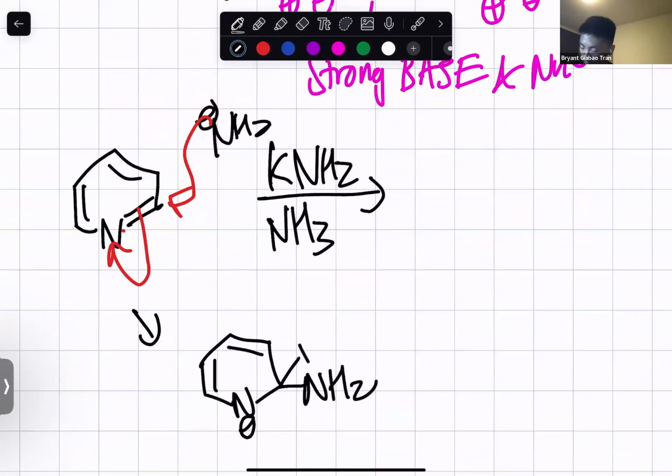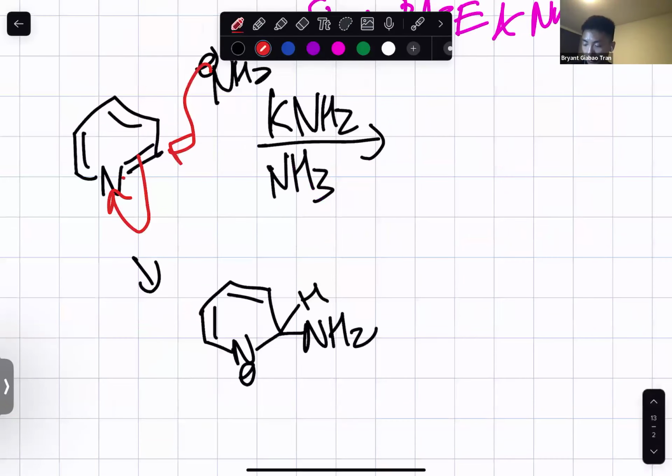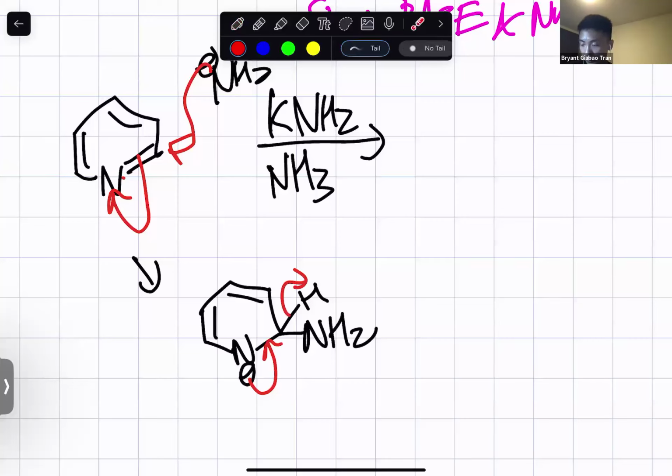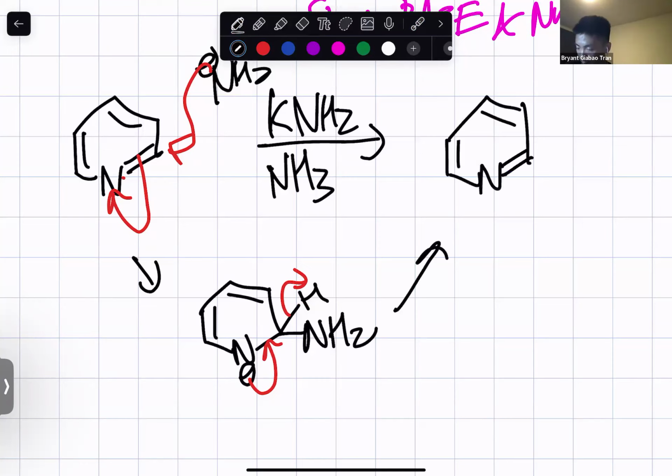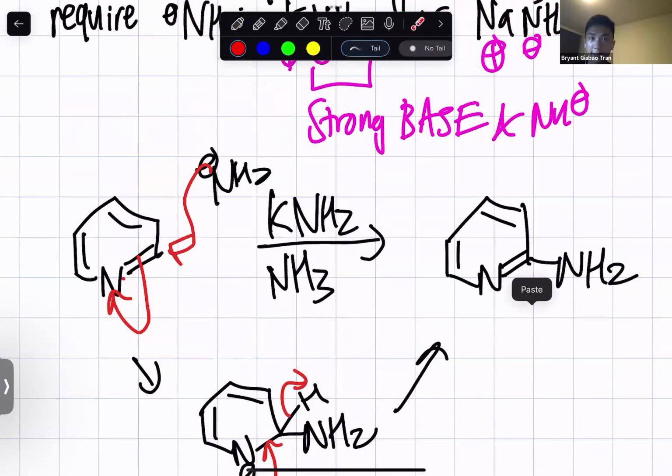But then this carbon has a hydrogen that's going to leave as we reform the aromaticity, because that hydrogen is the leaving group. Not a chlorine, not a bromine. It doesn't need a good leaving group. This is the Chichibabin amination reaction. It's very similar to NAS, but does not require a good leaving group, and the base or nucleophile we use is NH2 minus.